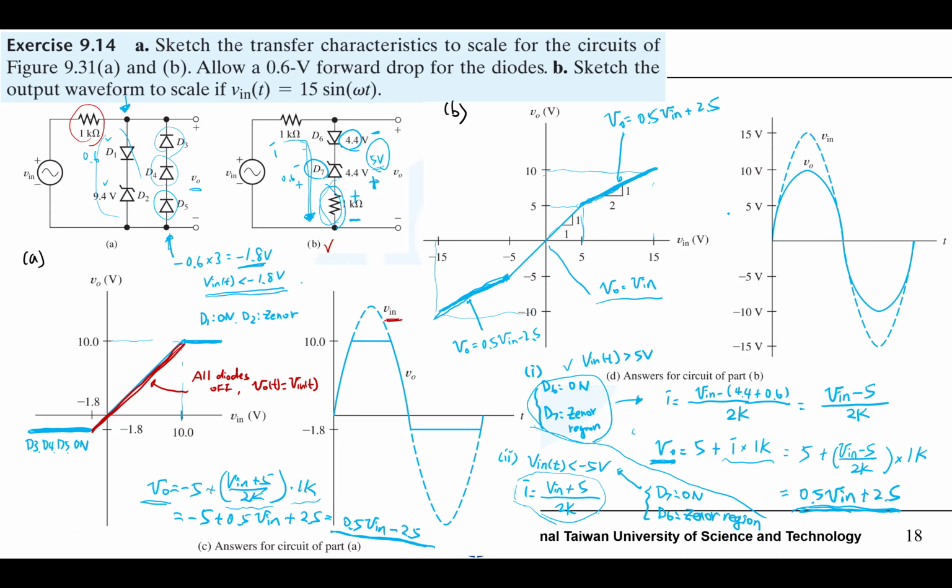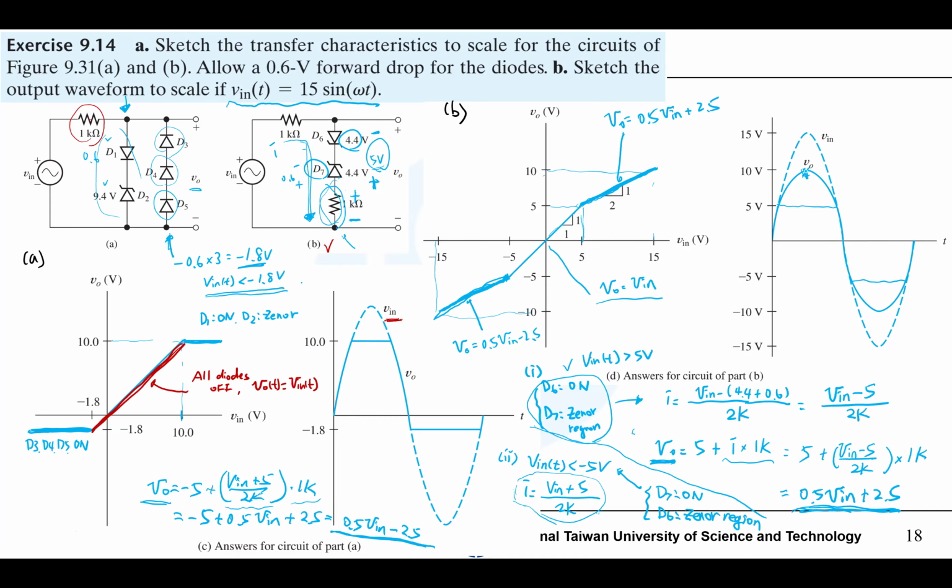And if we look at, to sketch this input 15 sine omega t, supposedly without the resistance, it will be like this, right? It will be clipped. But with the resistance, it won't.